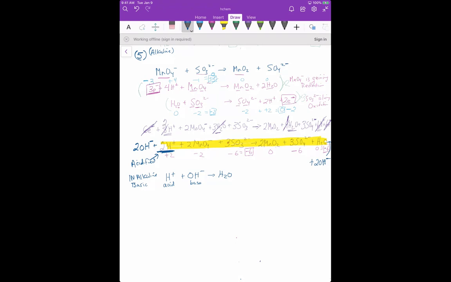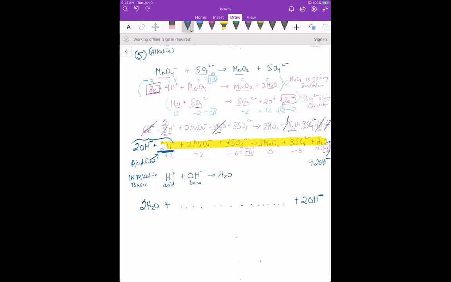All right. And so in that process, what I've done is I'm taking these two OHs and two H pluses and I'm making two waters. So I now have two H2Os plus everything in the middle of this equation, plus two OH minuses on this side.